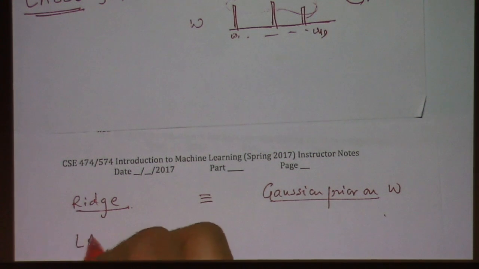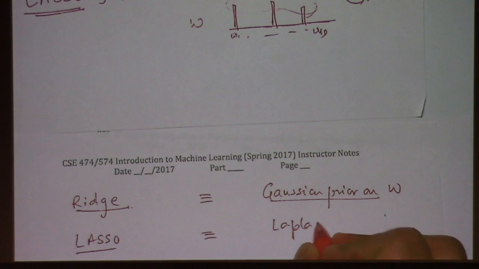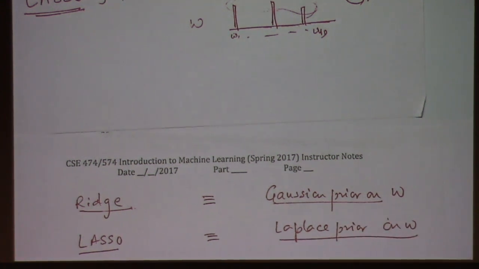In the same way, lasso is equivalent to putting a Laplace prior on W. So try to see this concept as well. Any questions so far? Okay.